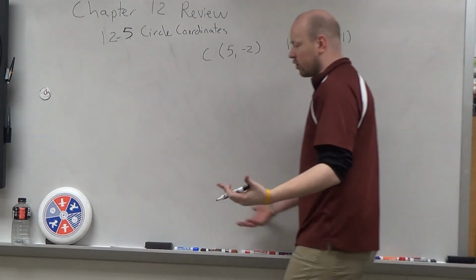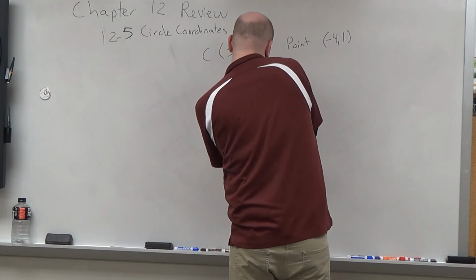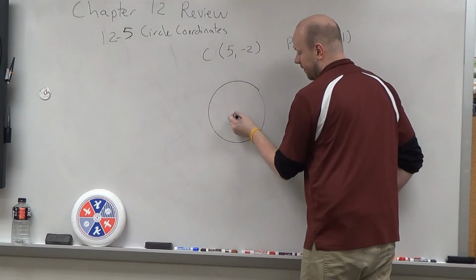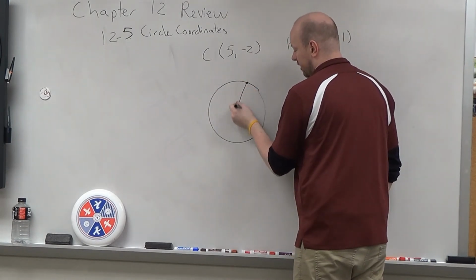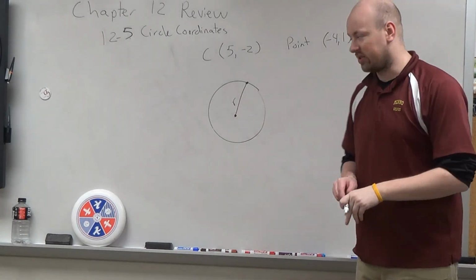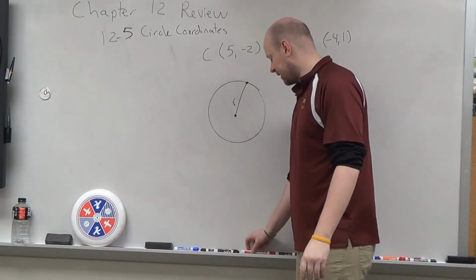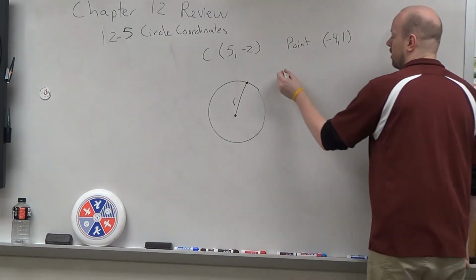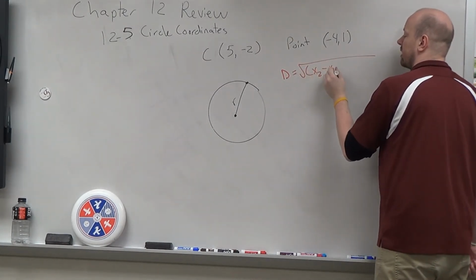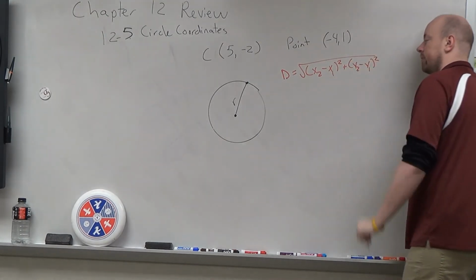Well, again, if I just had a circle, and I have a center, and I have something on the edge of the circle, to find my radius, I just need to find the distance between those. So if I'm given 2 points, I can just use the distance formula. So, remember, distance equals the square root of x2 minus x1 squared plus y2 minus y1 squared.